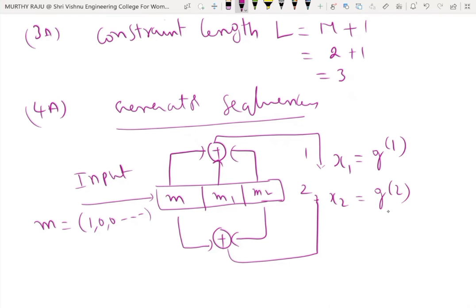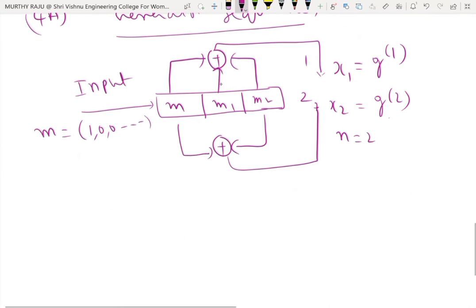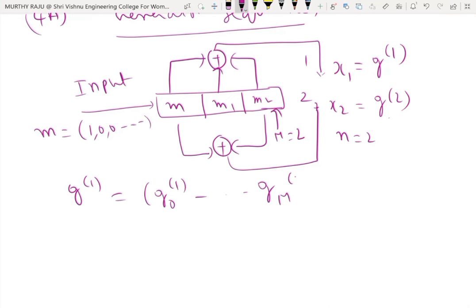Here n is equal to 2, therefore generator sequences are also 2, g of 1 and g of 2. Here capital M is equal to 2. Therefore, g of 1 is equal to g naught of 1 and so on, up to g m of 1.